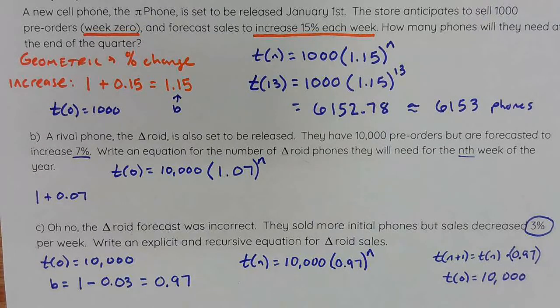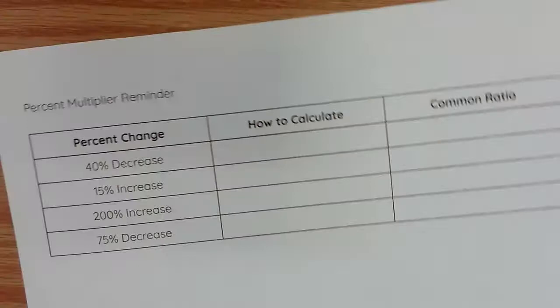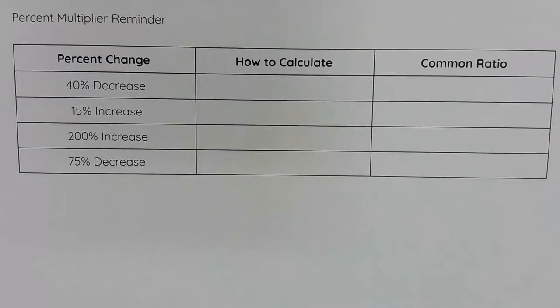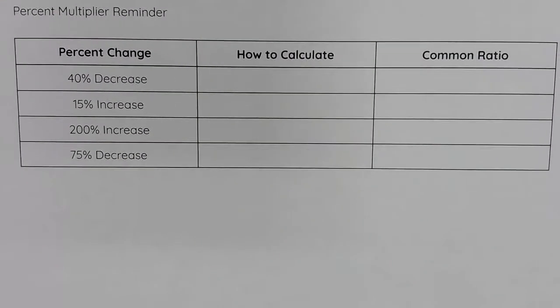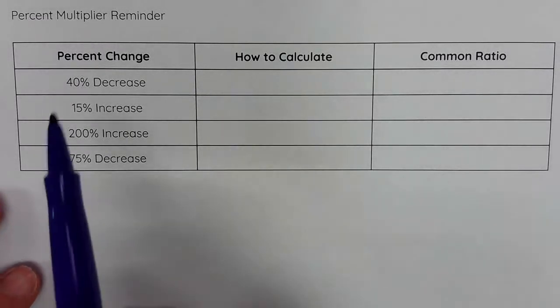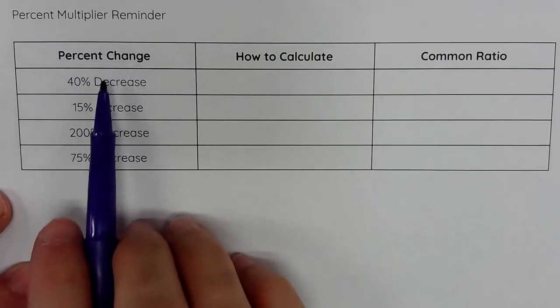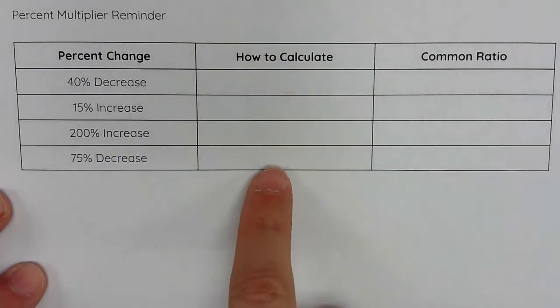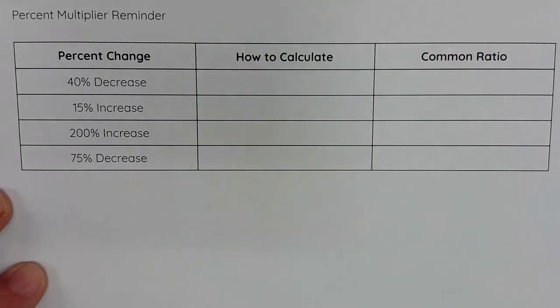All right, so the last thing I want to do, if you feel good about it, you're good. I am going to review just our multipliers with percentages. So just a quick reminder, it tends to trip some students up. It's an easy one to make a mistake. So these are our percent changes, and we're going to show how to calculate them and what the common ratio would be.